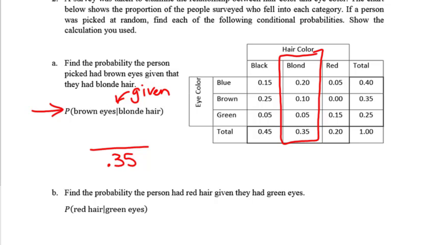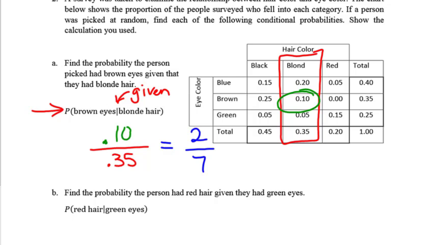We'll find where the brown eyes are in this section, and that'll be 0.10. I would prefer that you do not leave your answer like this, because technically you have a fraction within a fraction, which is an unsimplified answer. So we'll reduce, and that would be 2 out of 7.